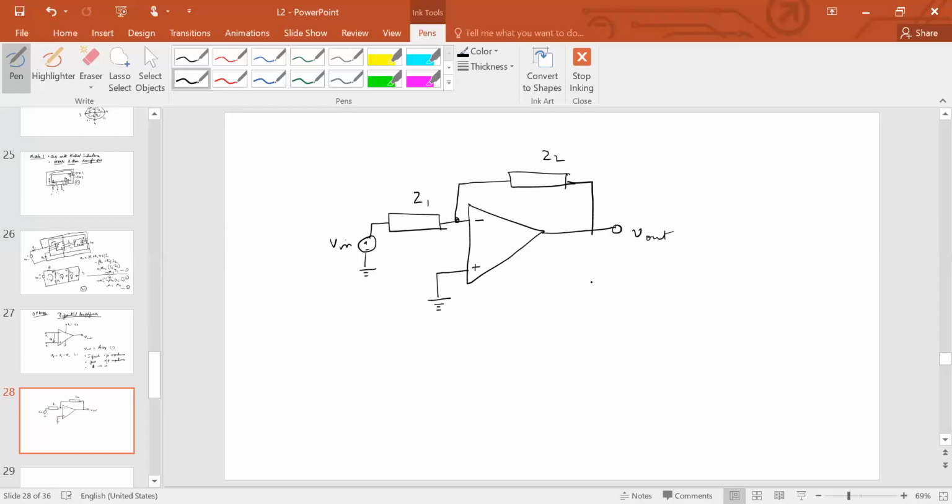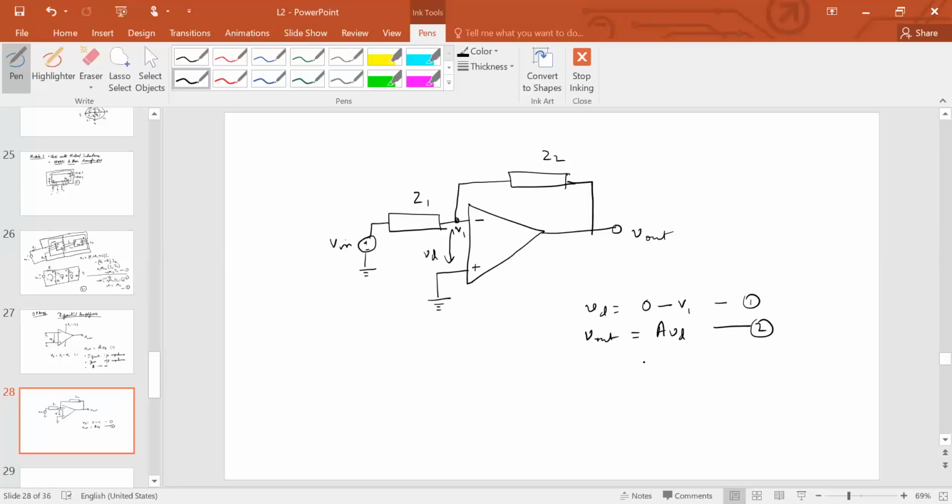Now we want to derive the expression for the output to input ratio. All right. So clearly here this is VD. So VD is here equal to 0 minus V1. V1, right? That is the first equation. The next equation is V out is equal to A VD. Now here is where you make a simplifying assumption in the op-amp.